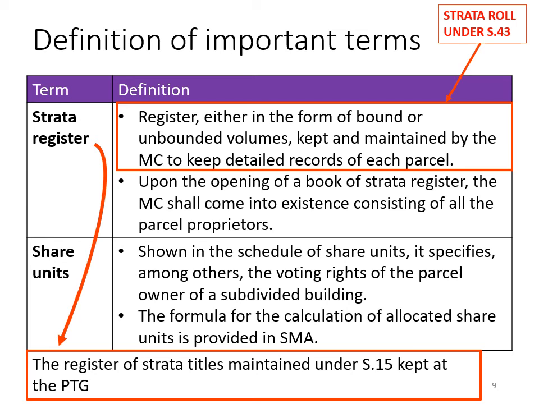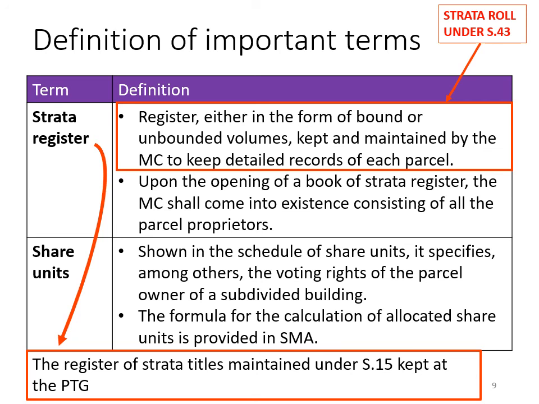It gives the quantum, the bilangan, to the extent of the voting rights of the parcel owner. If you look at my strata title, I have for myself unit share, or share unit, for my parcel. My share unit for my parcel is 108. So that is the voting right given to me, 108 over the total of the shares for the whole of my development.